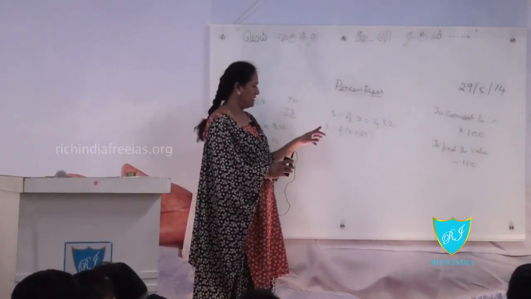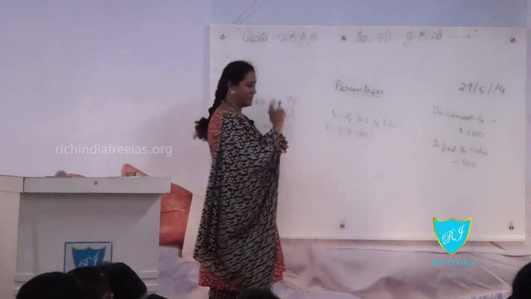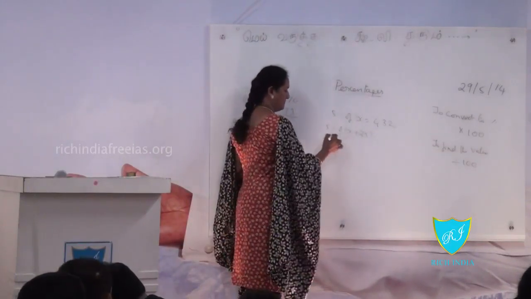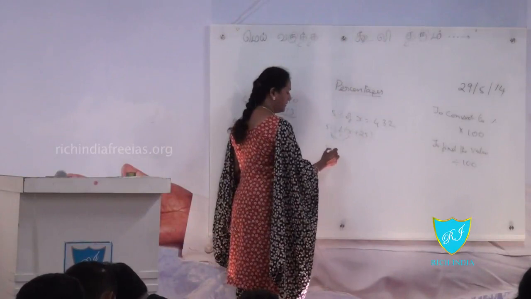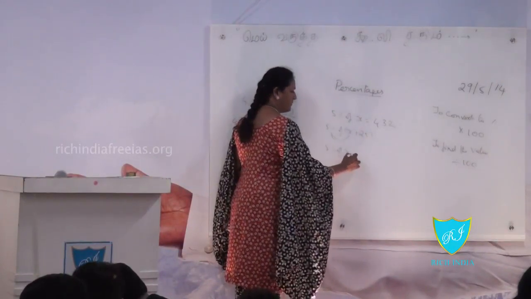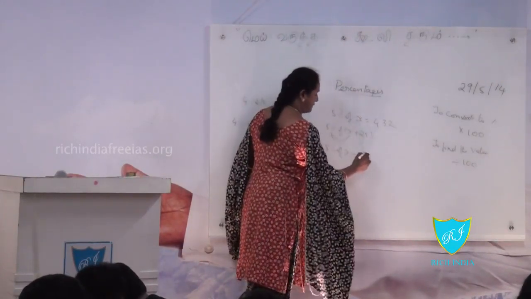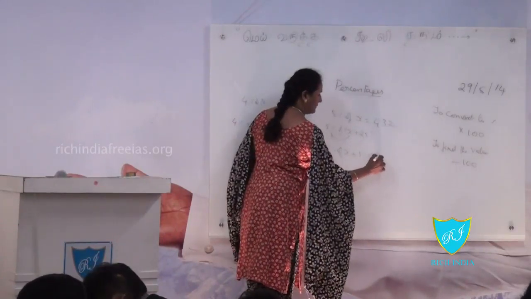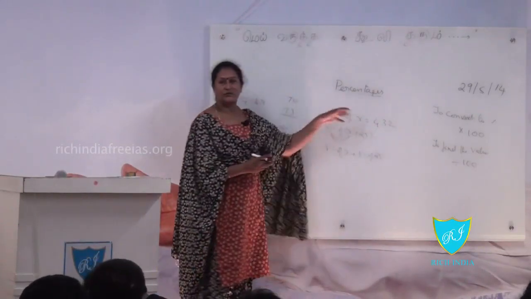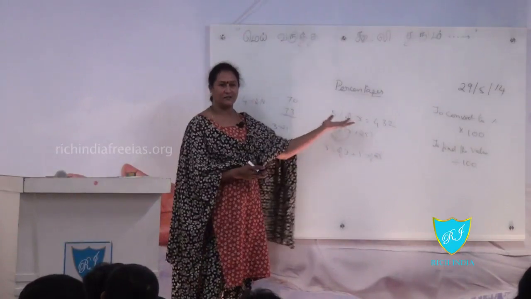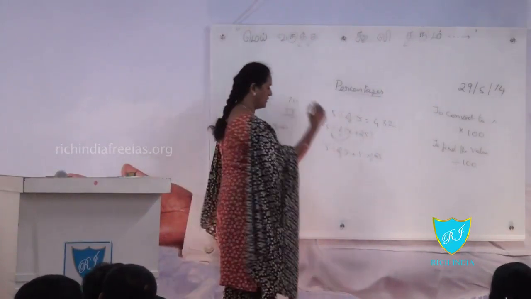So for this question, instead of finding all this, just expand. So 5% of x plus 5% of 25. Just use this value. 5% of x we know is 432.